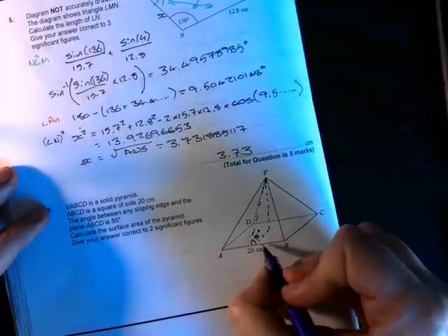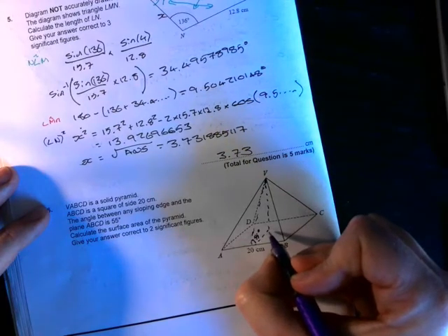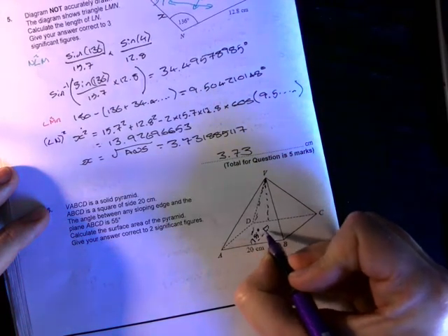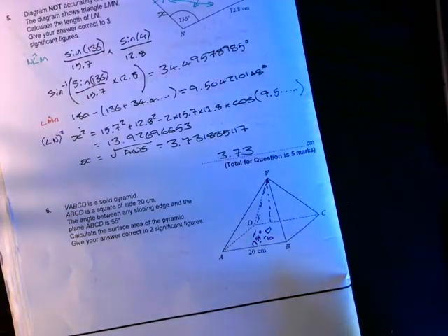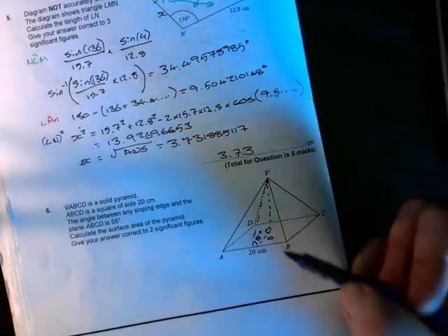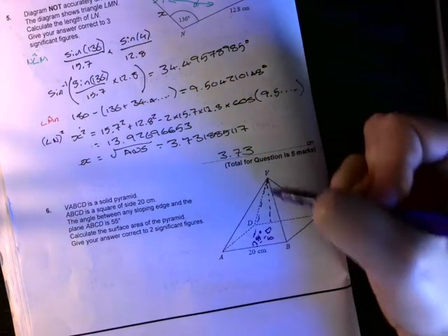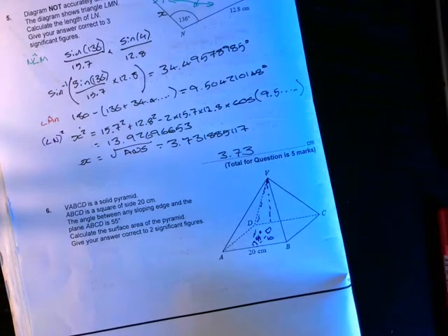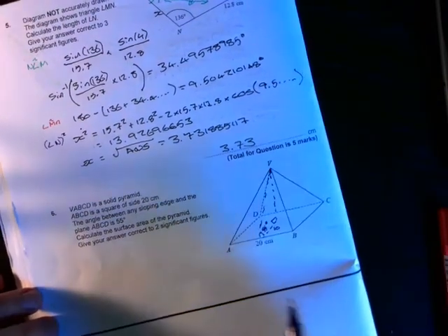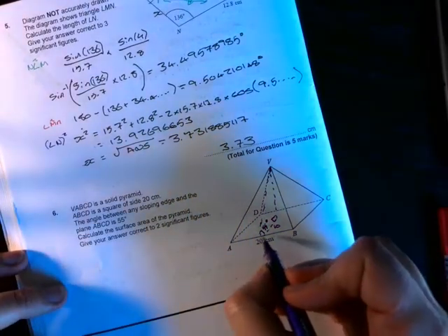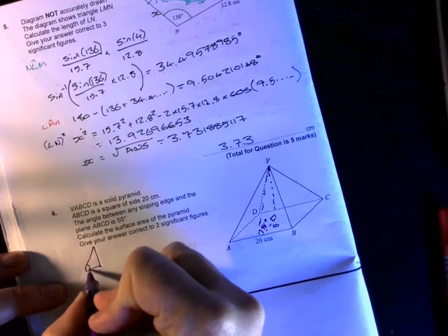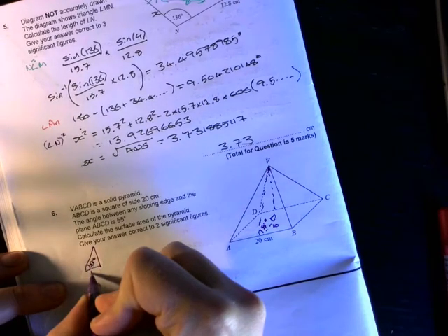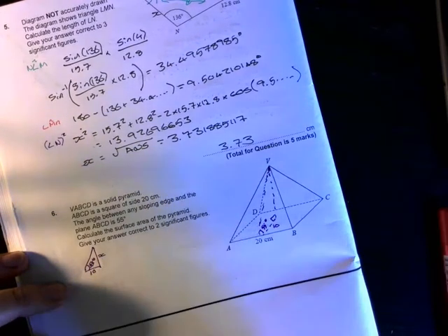We also know that if this is the centre where our right angle is, this will be 10 centimeters, which means that we could work out the vertical height, the height from the base up to V, using just SOHCAHTOA, because we've got a right angled triangle which looks like this. So we could work out this.